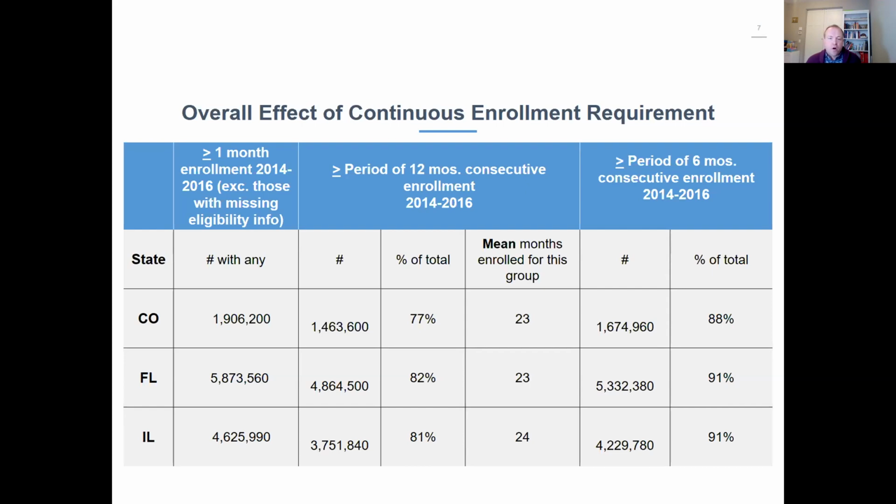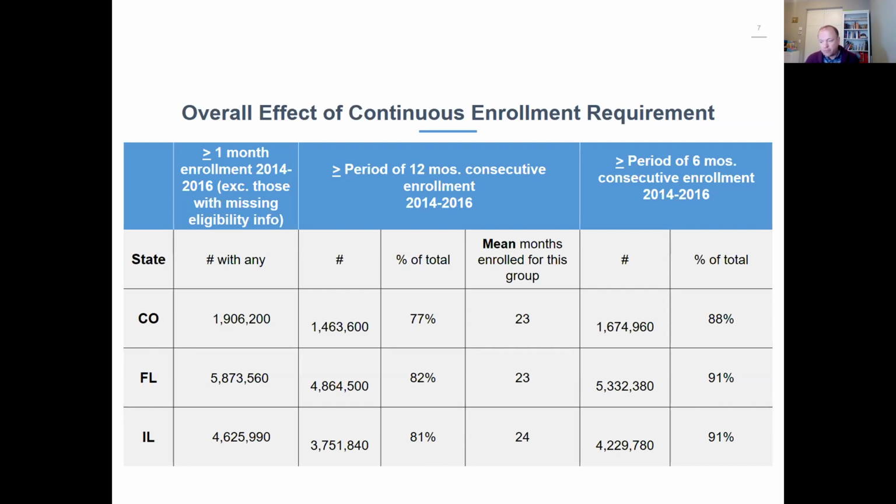If you then require 12 months of consecutive enrollment sometime during that period, you can see you lose not tiny percentages of people when you do that.